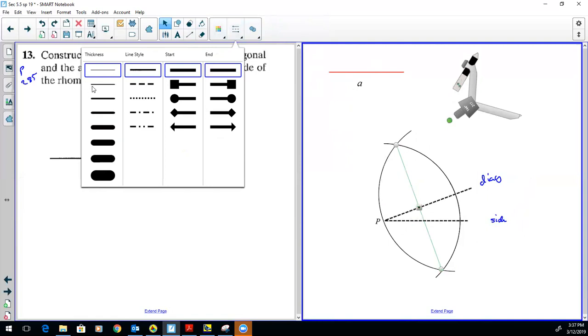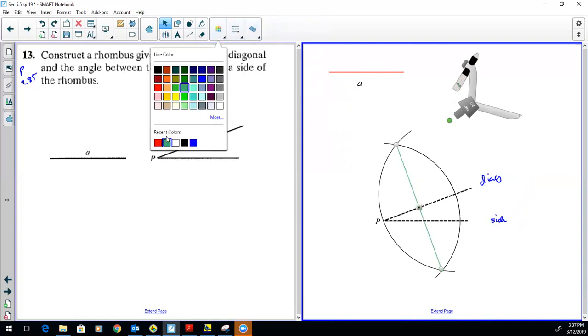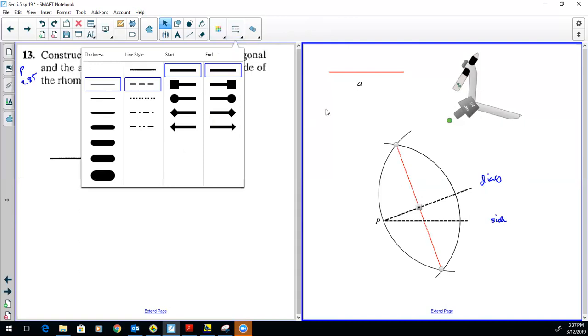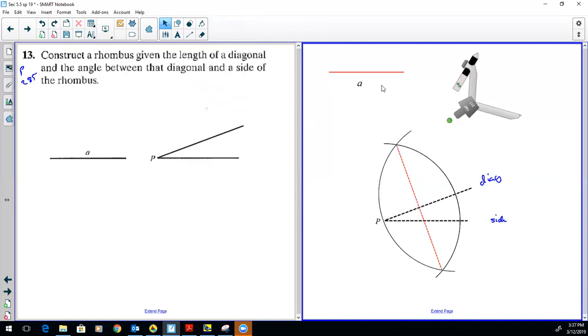Okay, tell you what, let's make that red also. Our diagonals are going to be red. So the diagonal is going to be on there somewhere, and I'll put it in dashed because that's not my diagonal yet. Actually, I can see it now. You may not be able to see it, but I do.